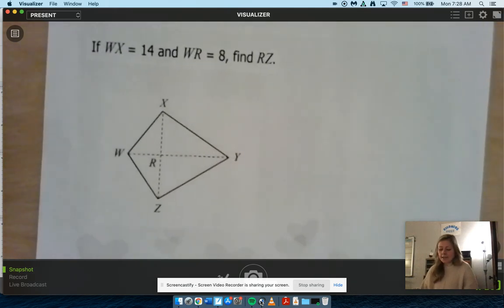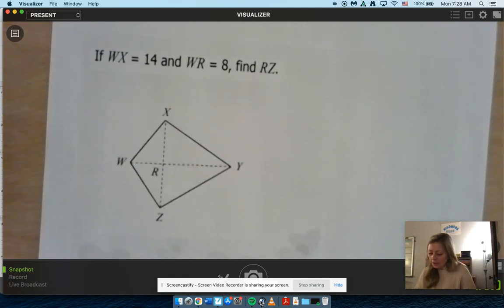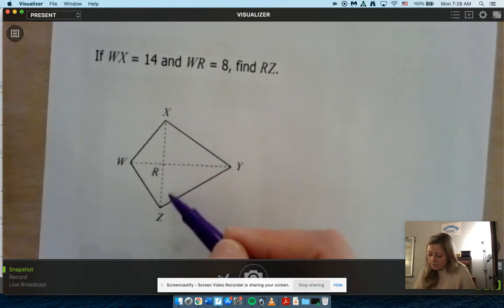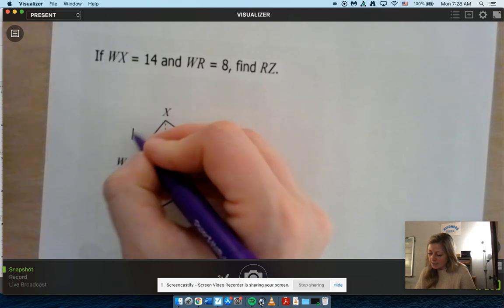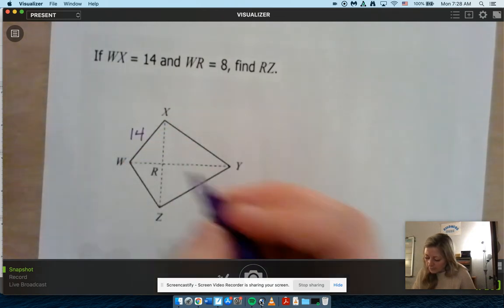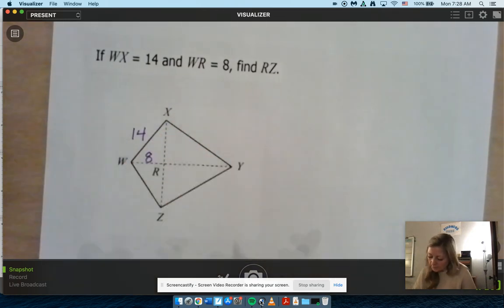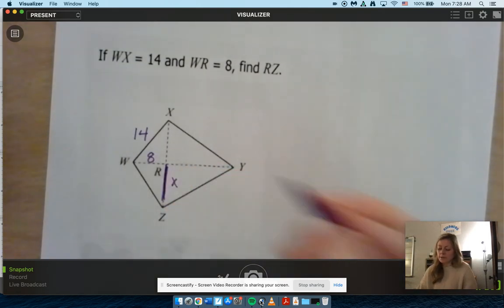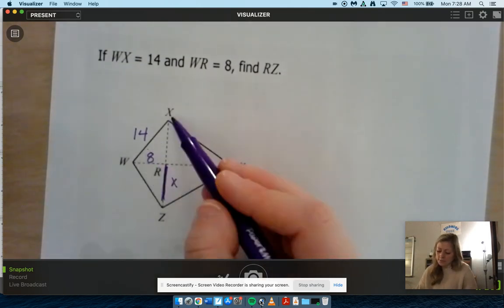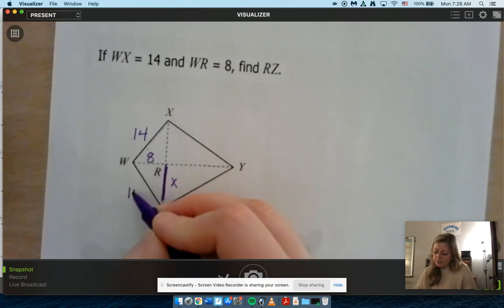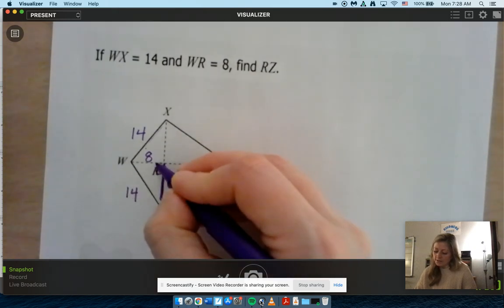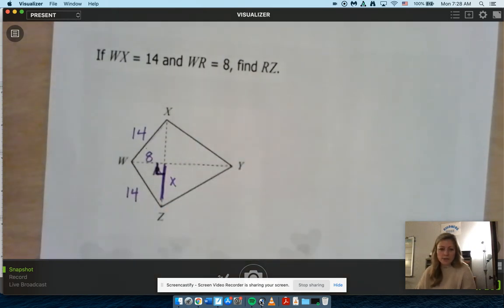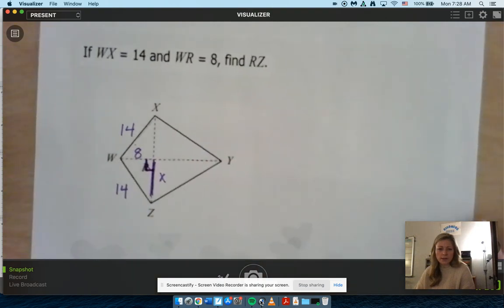And then our last example here, we are looking for RZ, given that WX is 14 and WR is 8. And we are looking for this guy right here. So we know that WX is congruent to WZ, so this is 14. We know that our diagonals are perpendicular, so we have a nice right triangle here.